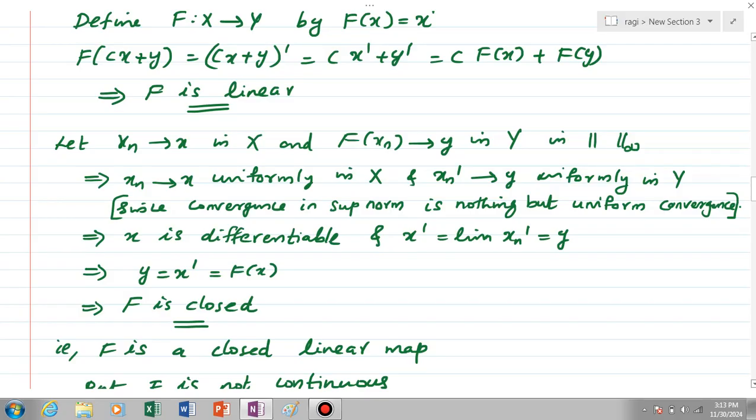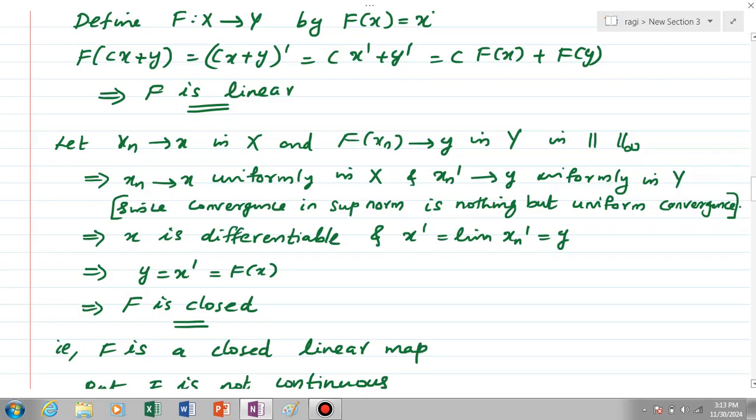Okay, so since each xn is differentiable and the convergence is uniform, the limit x is differentiable, and limit xn' is equal to x'. That is, x' is equal to limit xn' is equal to y.